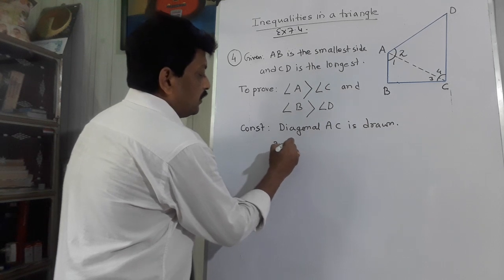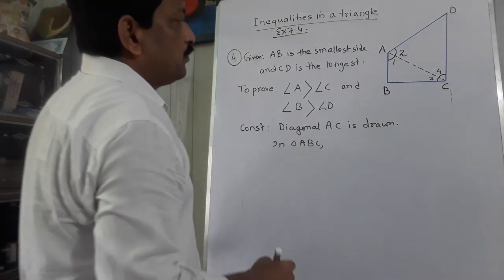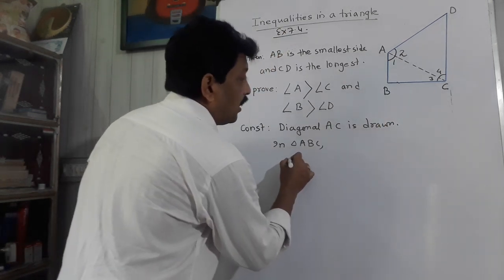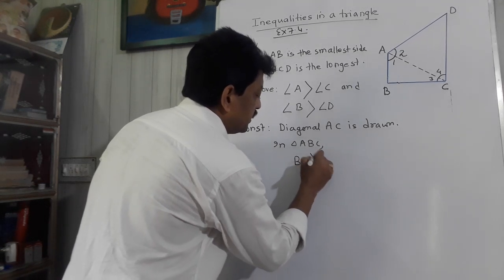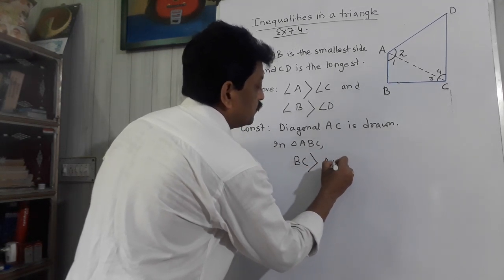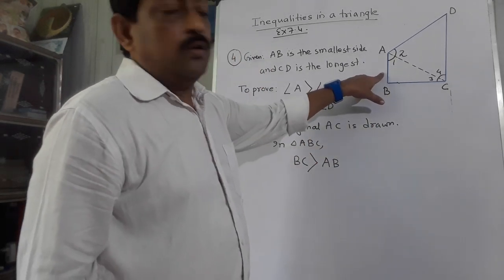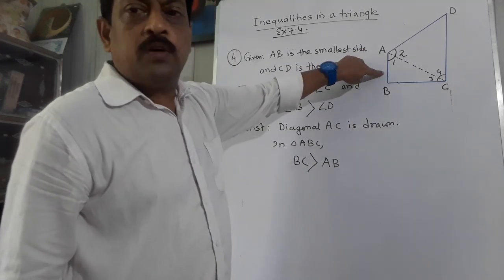Now in triangle ABC, what we have got? BC is greater than AB. Now why so? Why is BC greater than AB? Because it is given in the question that in this quadrilateral AB is the smallest side.